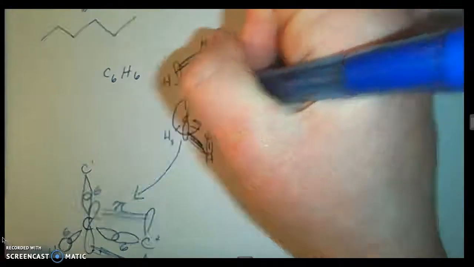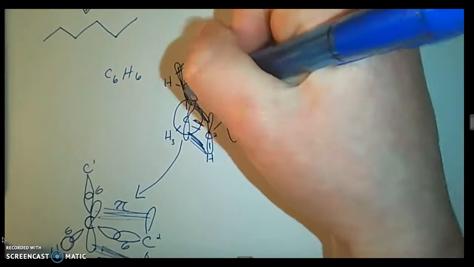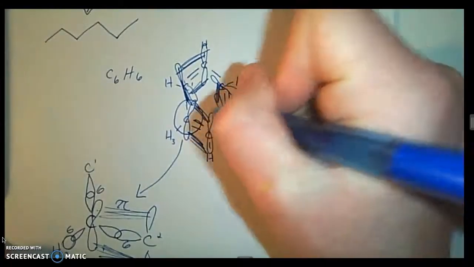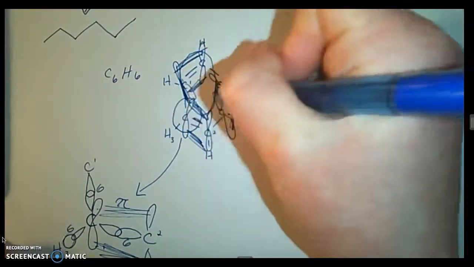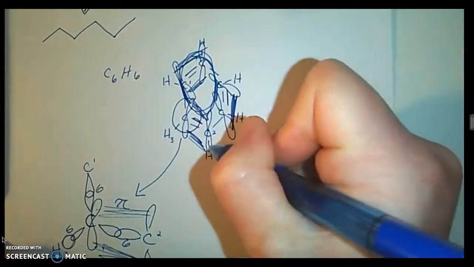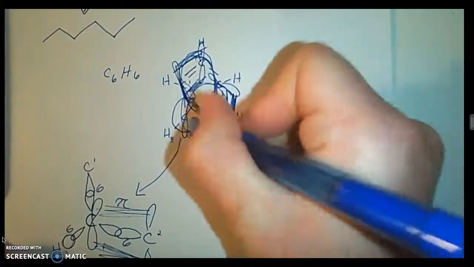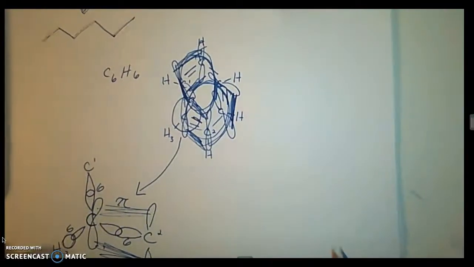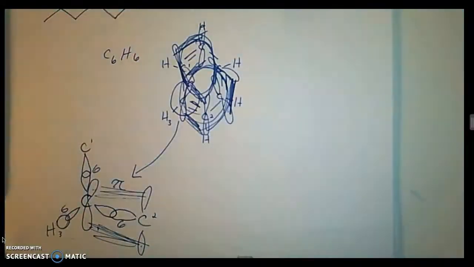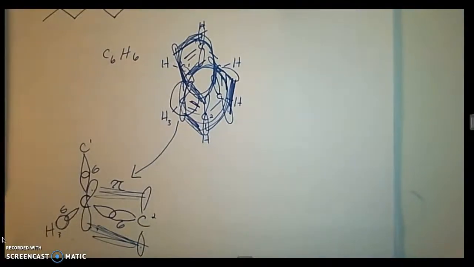But actually, there's no reason that we can't have all of those p orbitals overlap in a ring. Same with the ones that line up along the bottom. Okay? And so what we actually observe with benzene is that it's a perfectly symmetrical structure where all 6 of those p orbitals are overlapping, and they are delocalized.